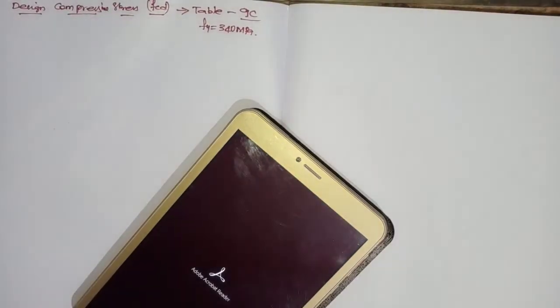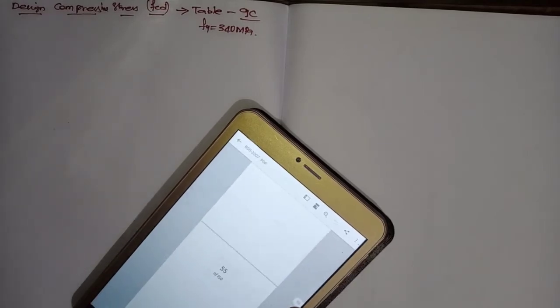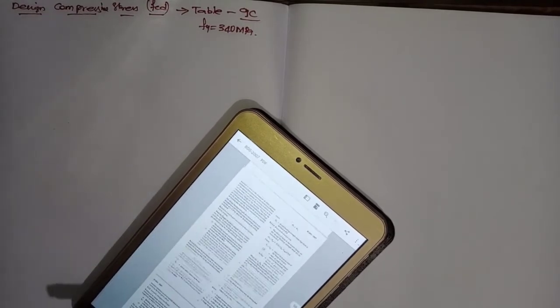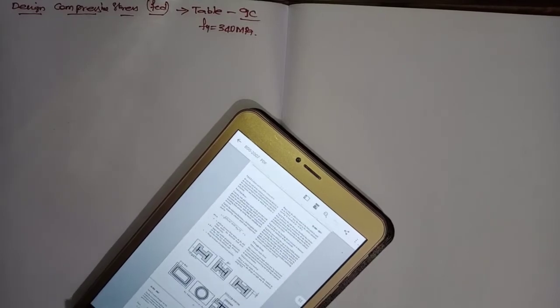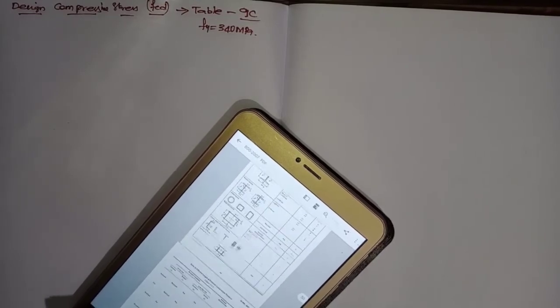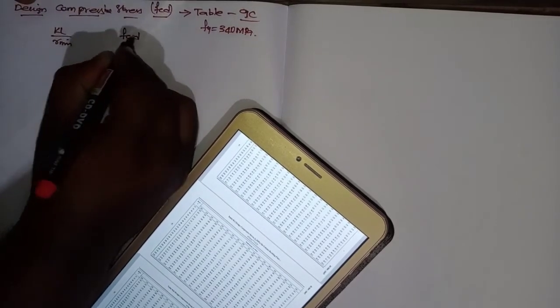IS 800 2007. You directly go to page number, this is 9C. So for 9C, KL by R minimum and FCD will be written here. What is KL by R? 38.08, right? So it lies between 30 and 40.